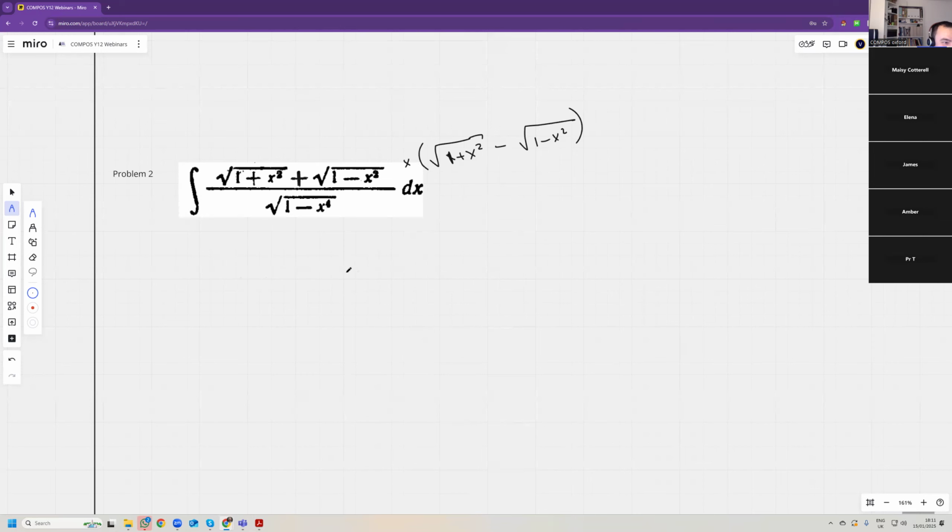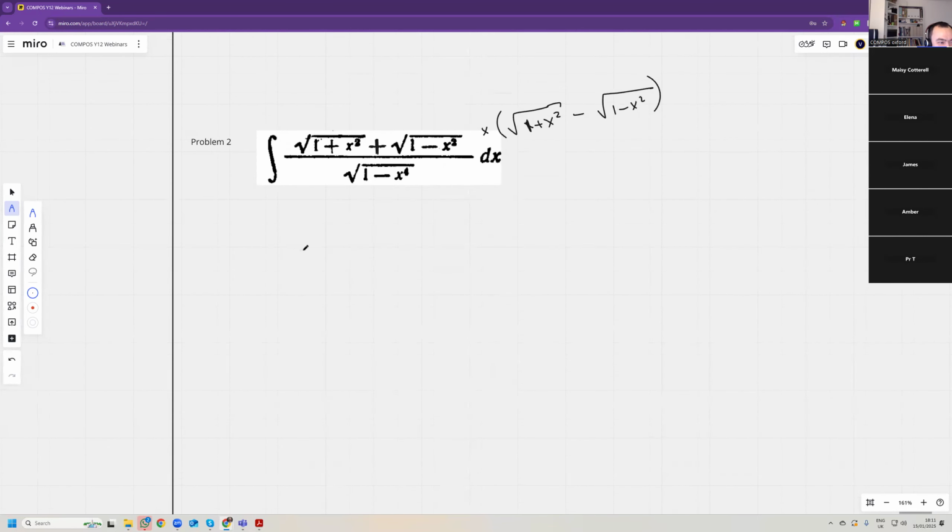Okay, let's see what we get. On the top, we get 1 plus x squared minus 1 minus x squared. That's very beautiful. On the bottom, I get 1 minus x to the power 4, open bracket.